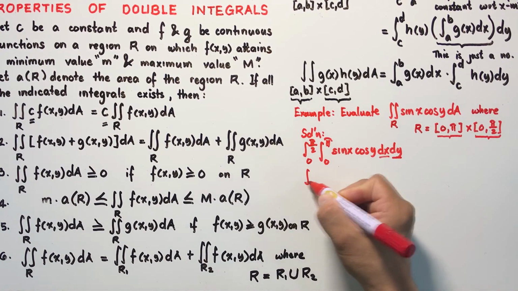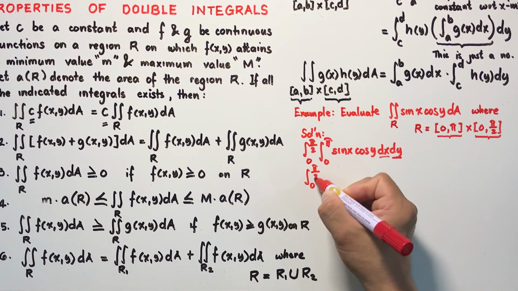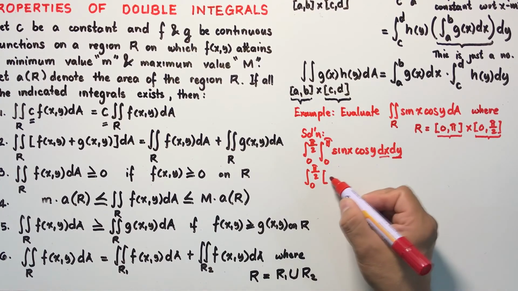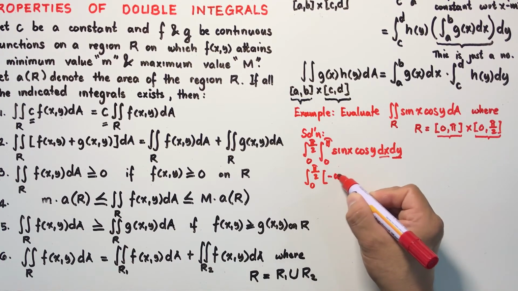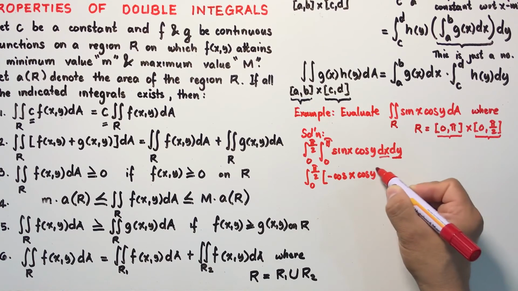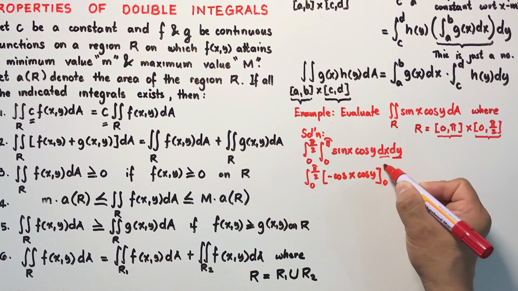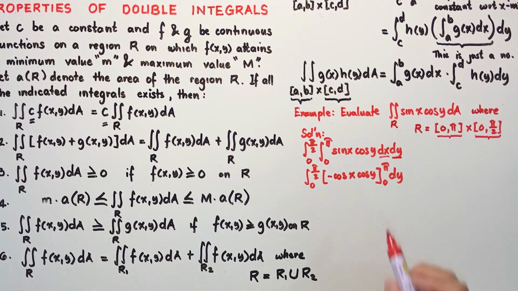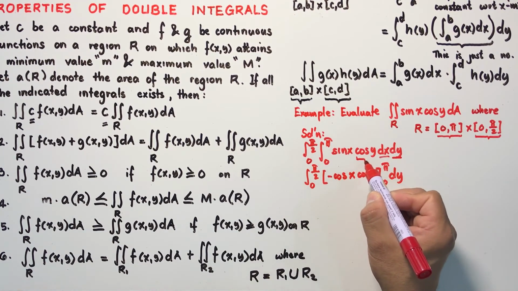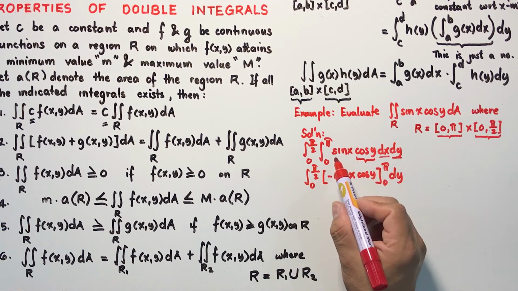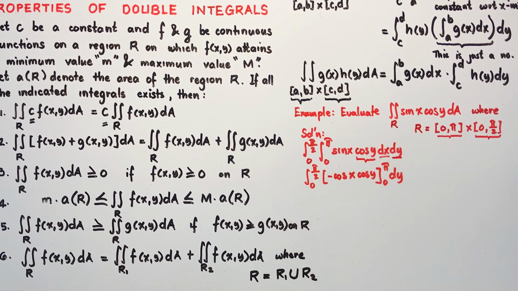So integrating this one with respect to x first is equal to the negative cosine x cosine y from 0 to pi dy. Why? Because we treat this cosine y as a constant. So the only variable here is our sine x.